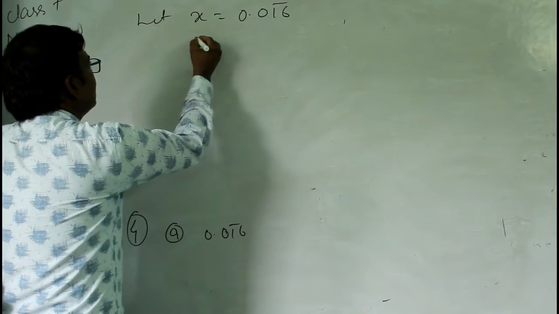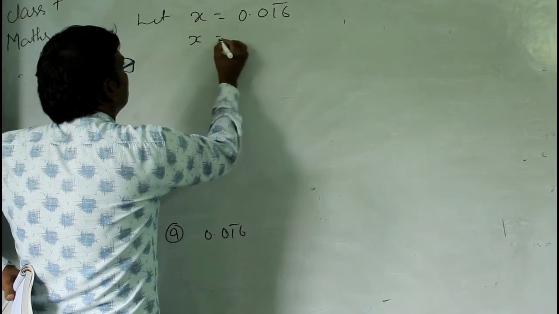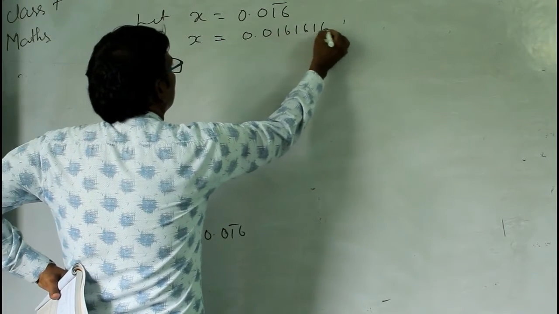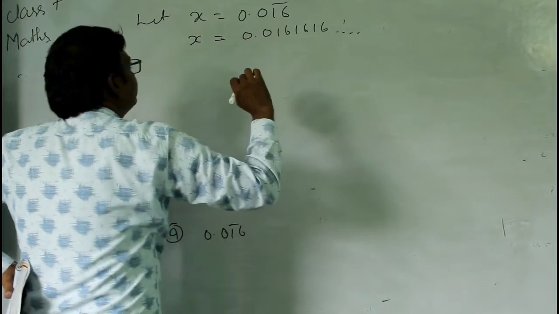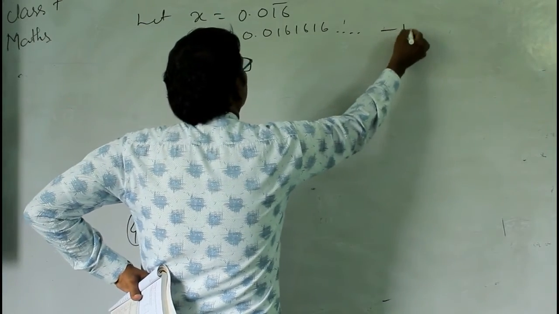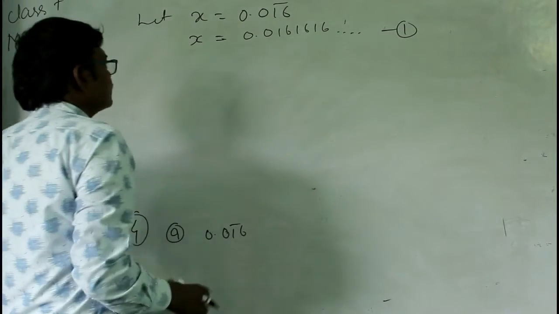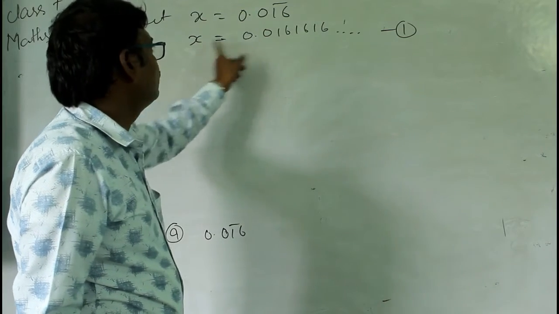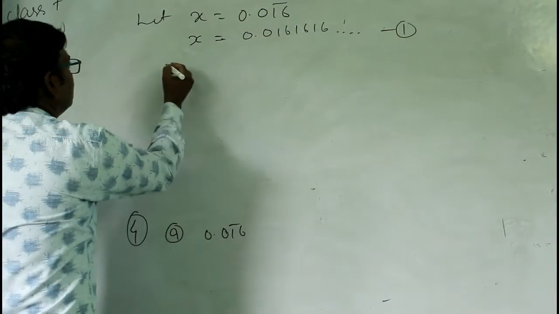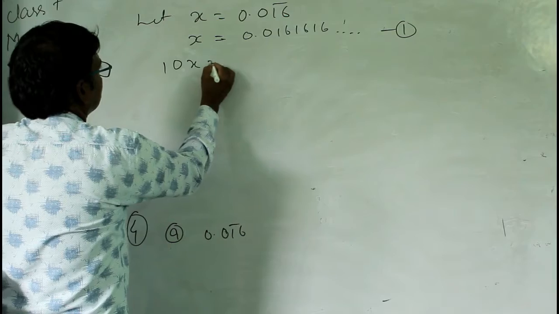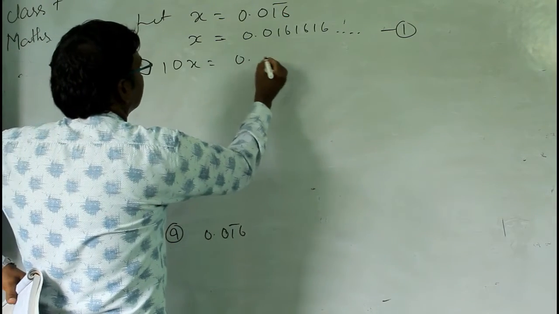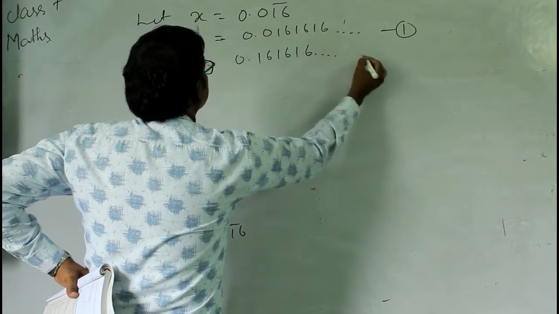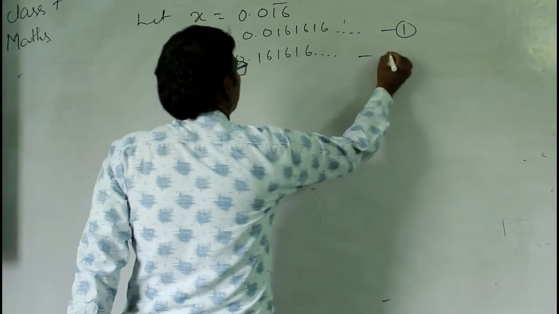Now see here that x will be equal to 0.01616 and so on. So this is number 1. Now multiply by 10 on both sides. Then 10x will be equal to 0.161616 and so on. So this is number 2.